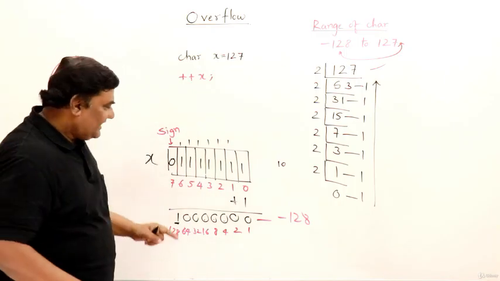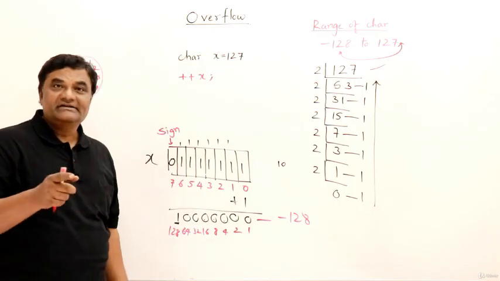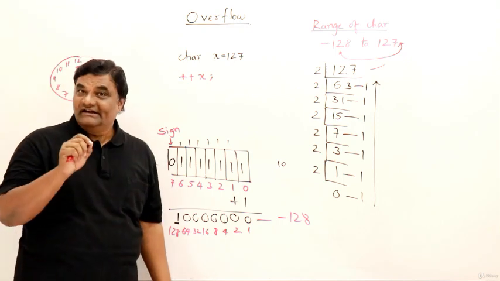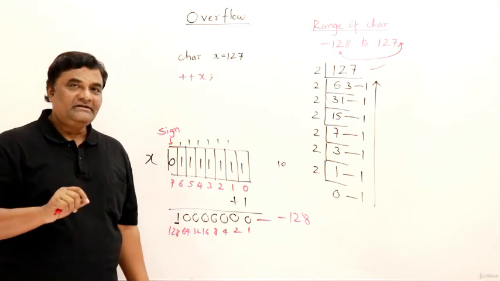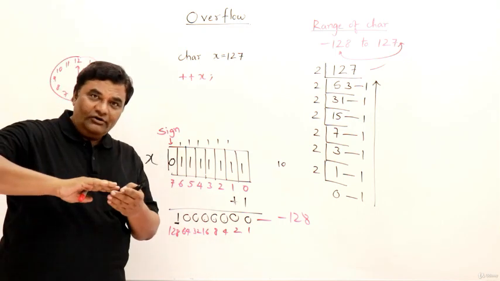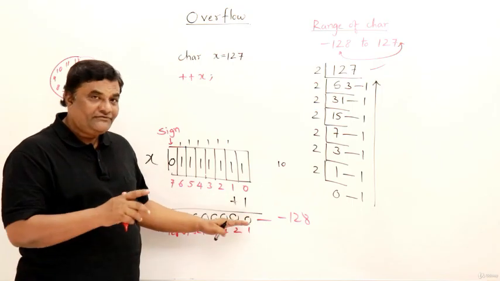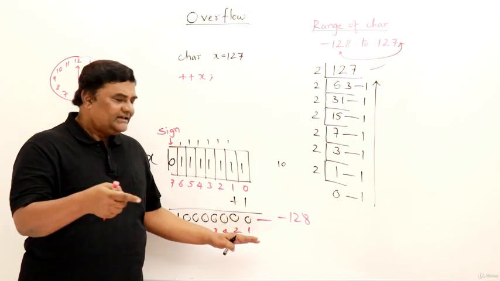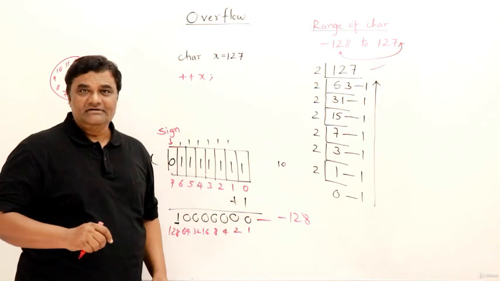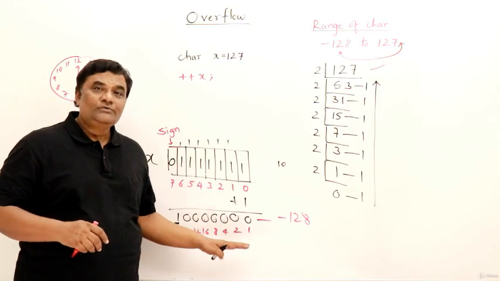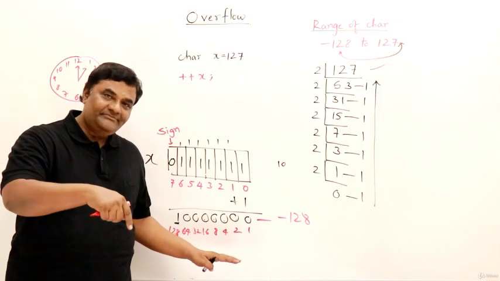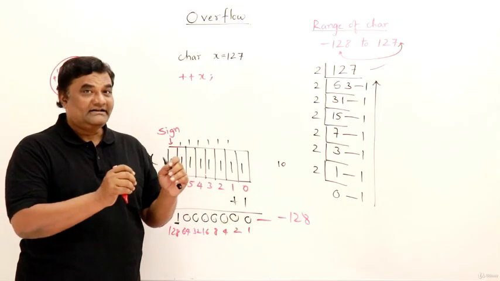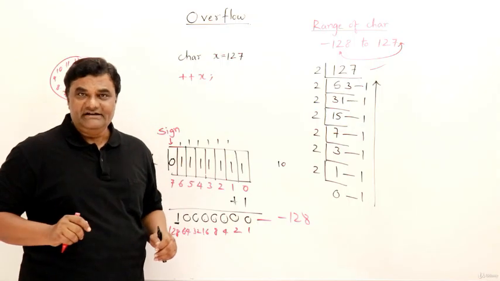Now one more thing. Actually the number that we got is in 2's complement, because negative numbers are stored in 2's complement. So if I want to get the original number, then again I should find its 2's complement. But in this case, I'll get back the same number. You can do it by yourself. Find the 2's complement. You will get back the same thing again. So I am not doing it. Directly I am showing you that it is minus 128.